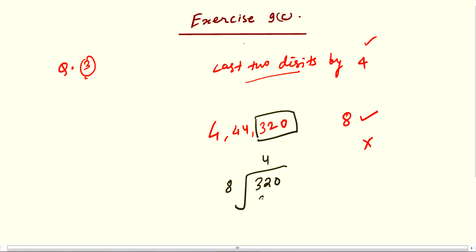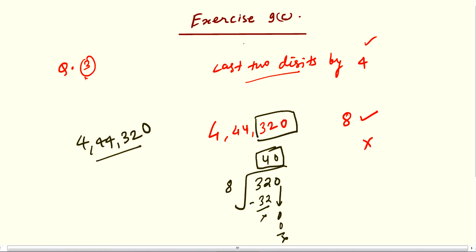So 8 4 ja 32, 0, then bring 0 down, 8 0 ja 0. So simply it is divisible, 40 times. So the number 4,44,320 is divisible by 8. Clear?